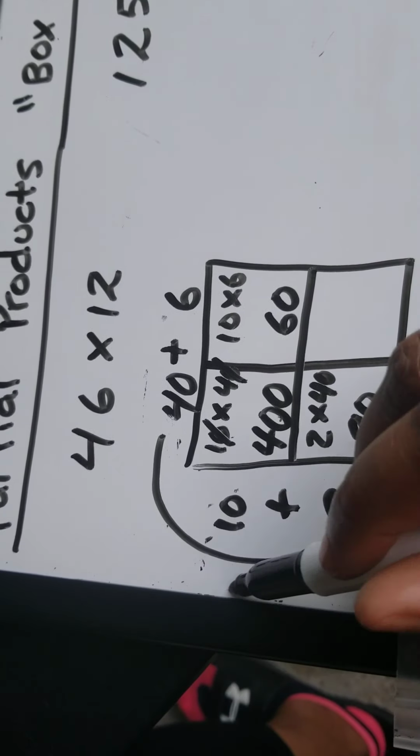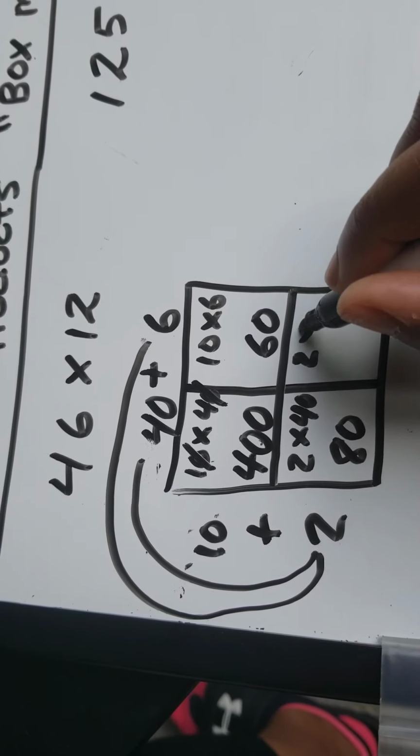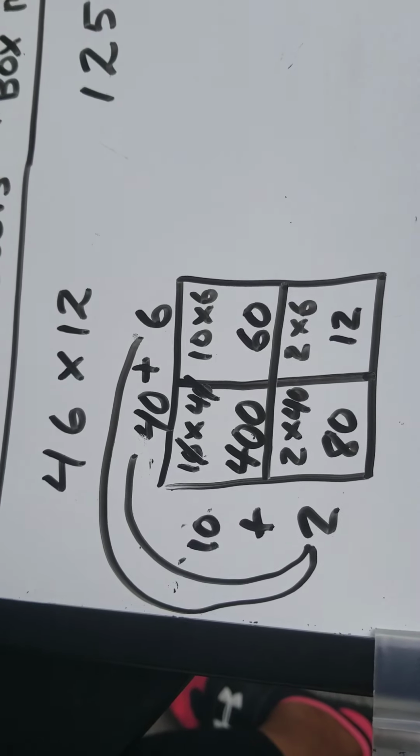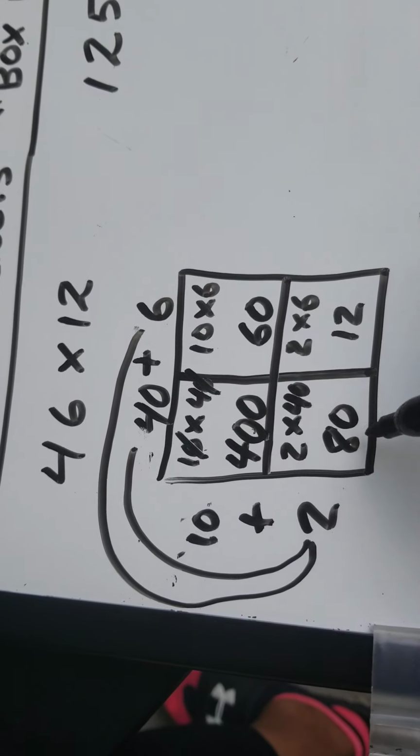Take that same digit, multiply by 6. 2 times 6 is 12. Now these are what you call your partial products.